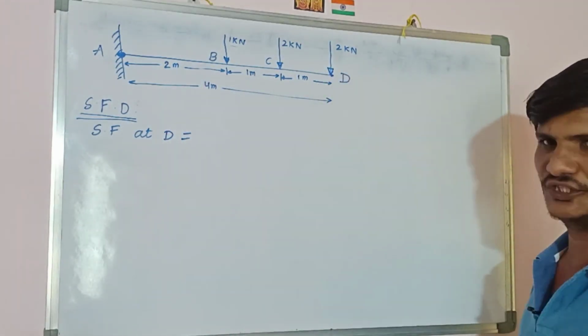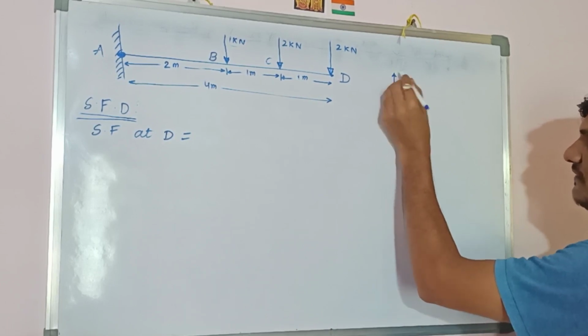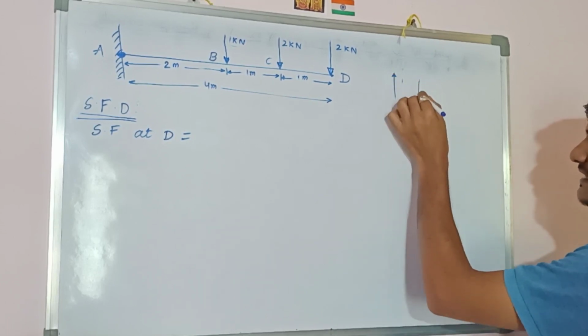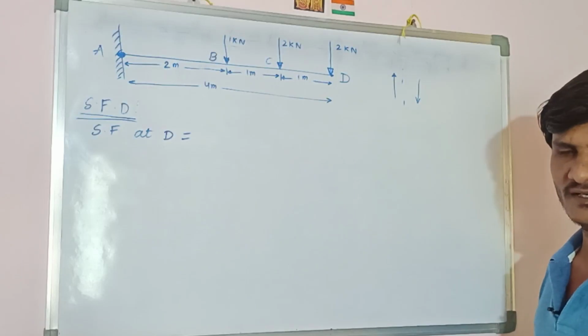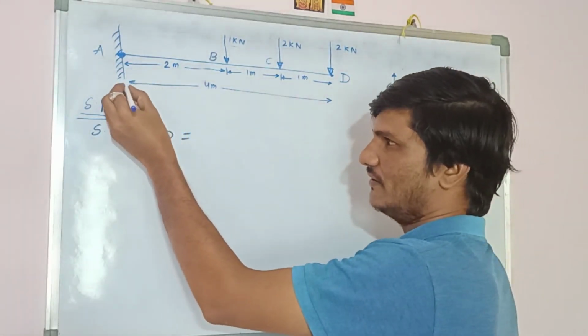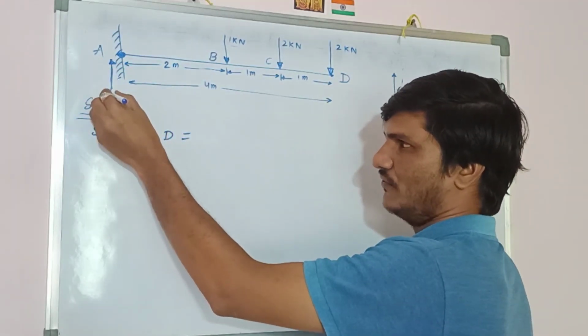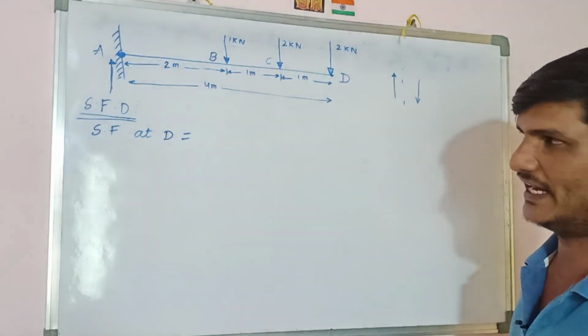Shear force will be considered positive if the left is upward and the right is downward. Here there will be a reaction force at the fixed end, which is in the upward direction, and all the right side forces are in the downward direction. In the cantilever beam the fixed end is at A, so that reaction force is one type of force in the upward direction.